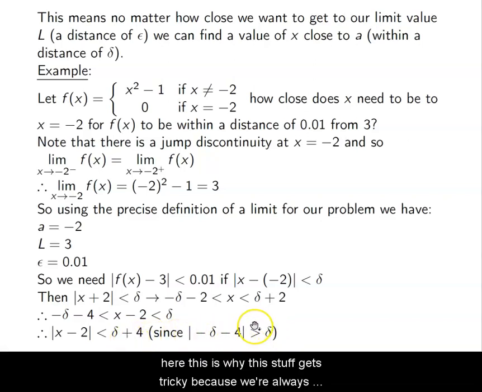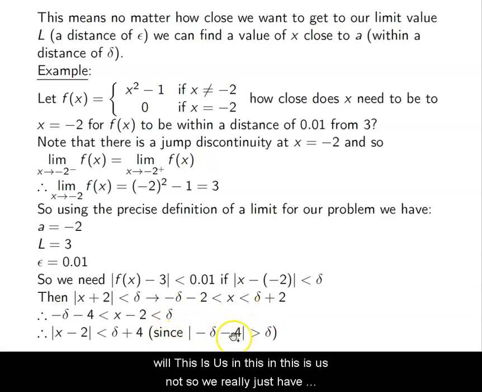This is why this stuff gets tricky, because we're always dealing with inequalities. This is less than this is less than this, or this is more than that, which is more than that. That's how we really work with these types of epsilon-delta proofs, these formal definitions. It's all about this is less than this, and this is less than that. So we really just have to build these relationships.